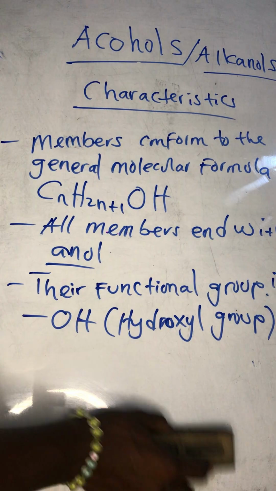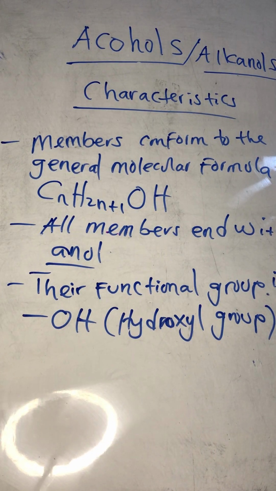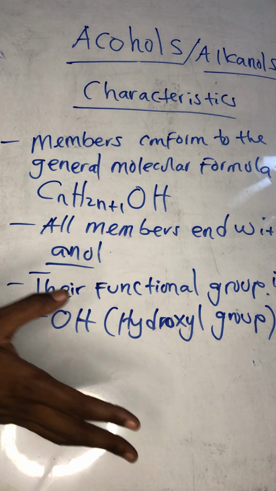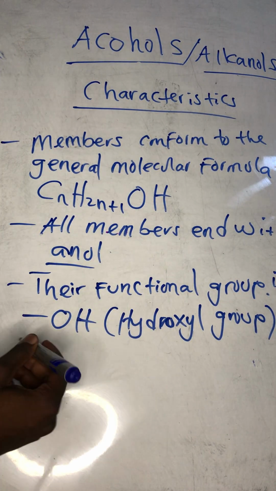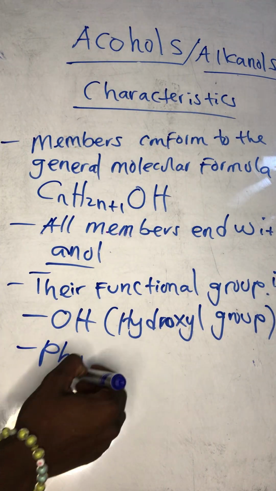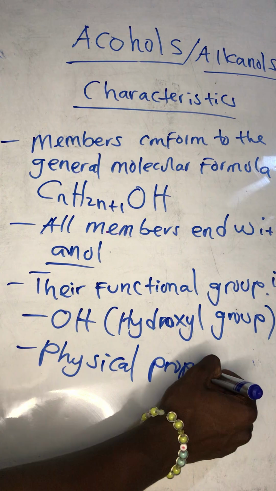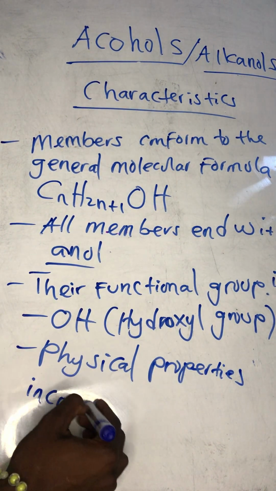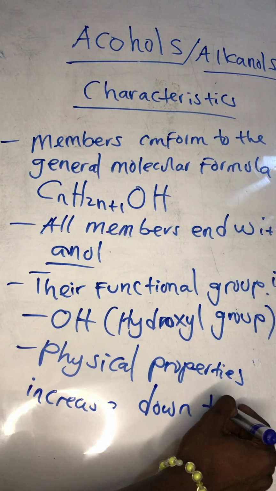Another one, you can say physical properties increase down the group, meaning as the carbon chain increases, the density increases, the boiling point, etc. So physical properties increase down the group.